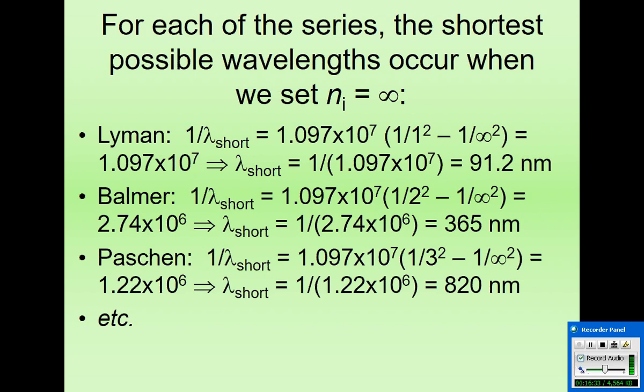If n initial is equal to infinity, you have 1 over infinity squared, which is basically 0. And what you wind up getting is that the shortest possible wavelength of light emitted in the ultraviolet part of the spectrum is 91.2 nanometers. You will simply not see a wavelength of light emitted by hydrogen shorter than 91.2 nanometers. In the Balmer series, the absolute minimum possible wavelength would be 365 nanometers. In the Paschen series, it would be 820 nanometers, and so on and so forth.